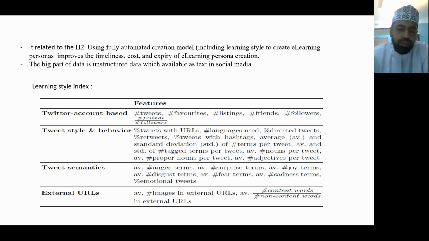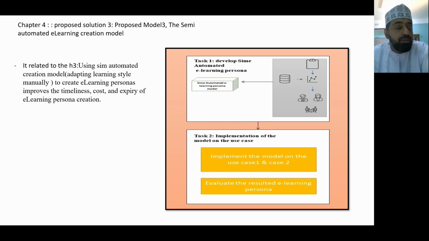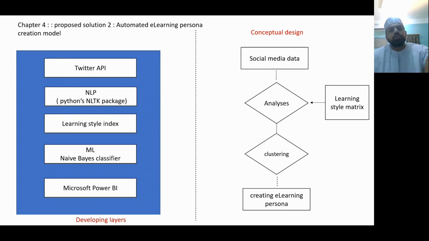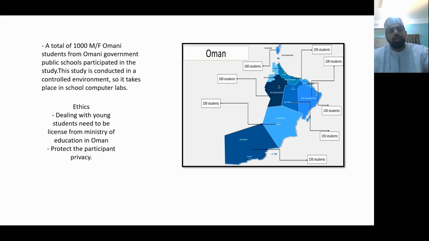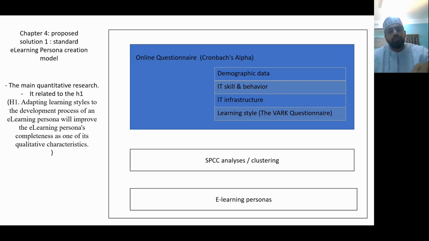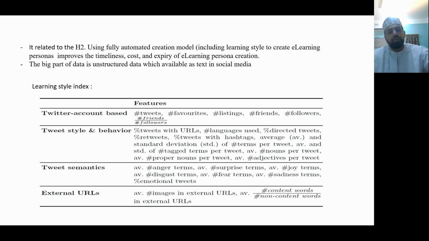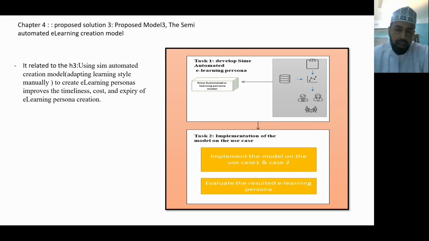If you noticed here, there are so many patterns that can be extracted from tweets. The proposed solution 2 is chapter 4, this one is chapter 5, and this one will be chapter 6.